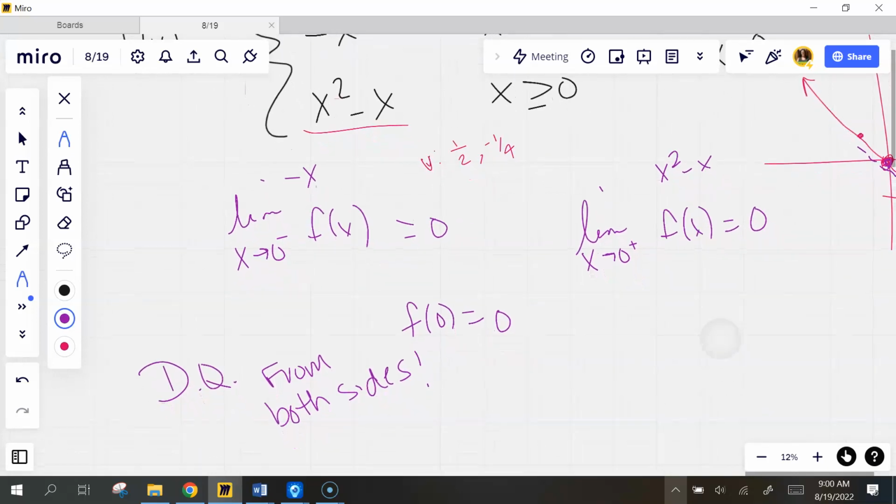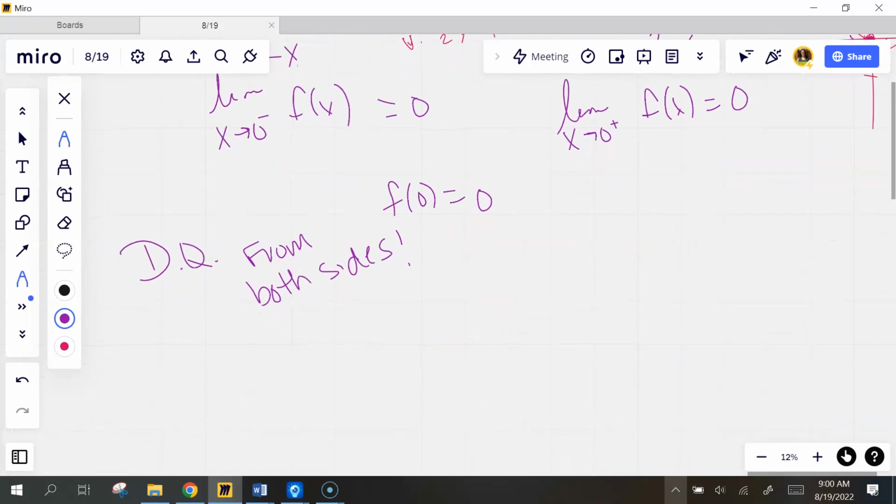All right, so I'm at x equals 0. So we'll do from the left and the right. Let's do the limit as h goes to 0 from the left.